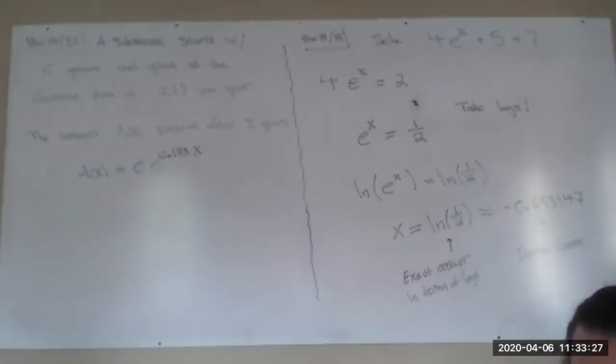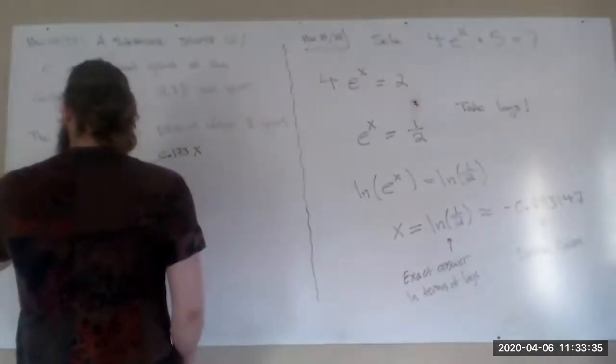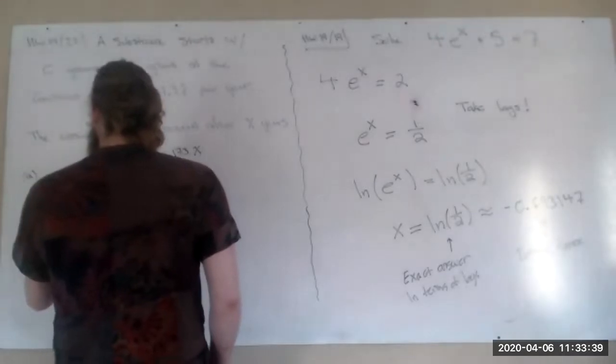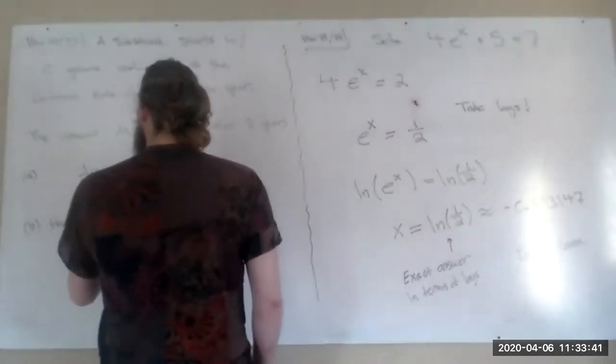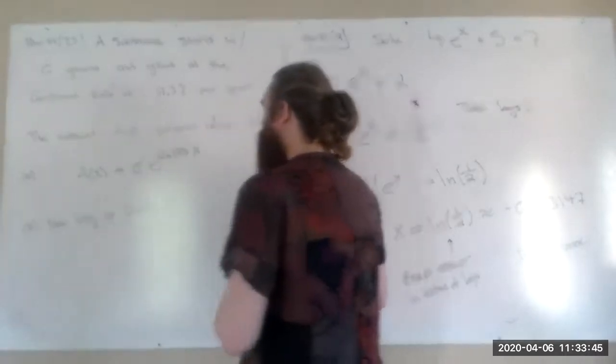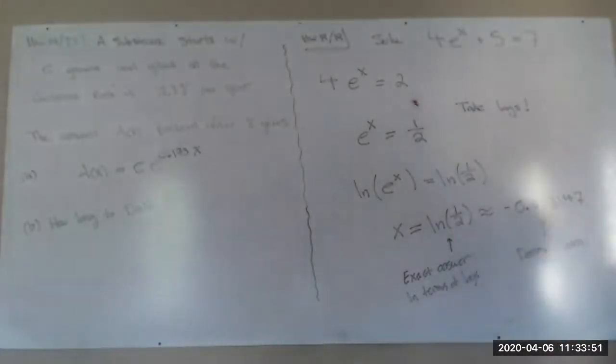They ask, how many years will it take to double the amount? So this is part A. Part B says, how long to double? If I start with C grams, then having doubled means I'll have 2C grams.